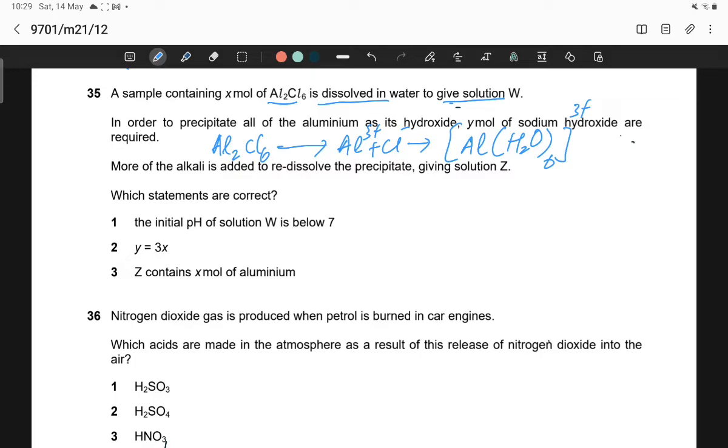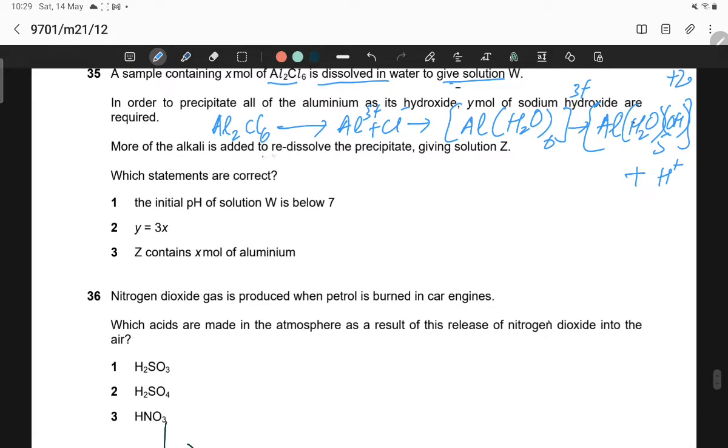In order to precipitate all of the aluminium as its hydroxide, Y mole of sodium hydroxide are required. So when sodium hydroxide is added, it is converted into Al(H2O)5OH 2 plus and hydrogen ion.